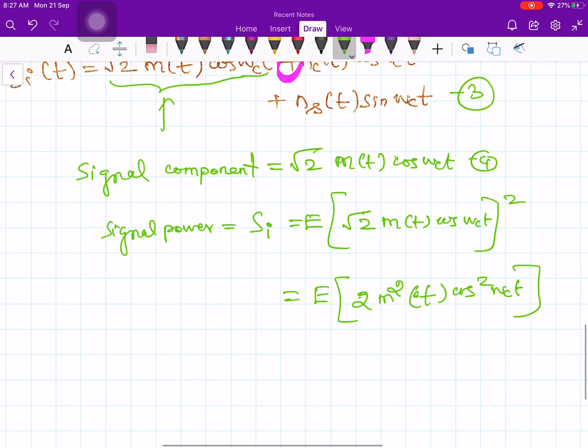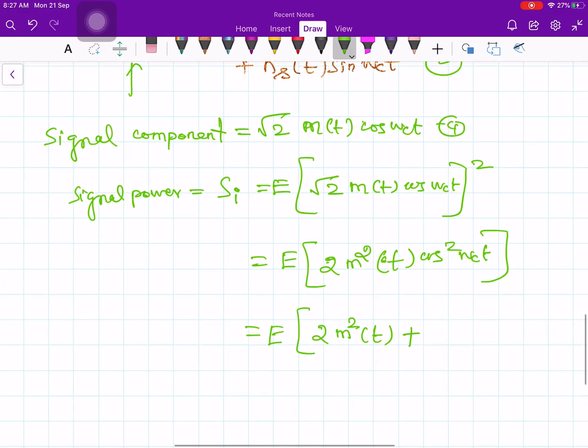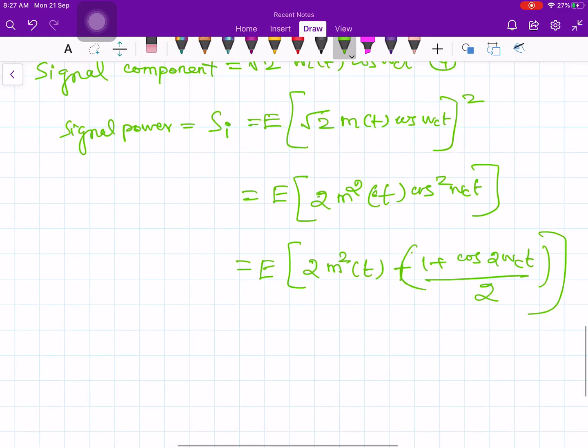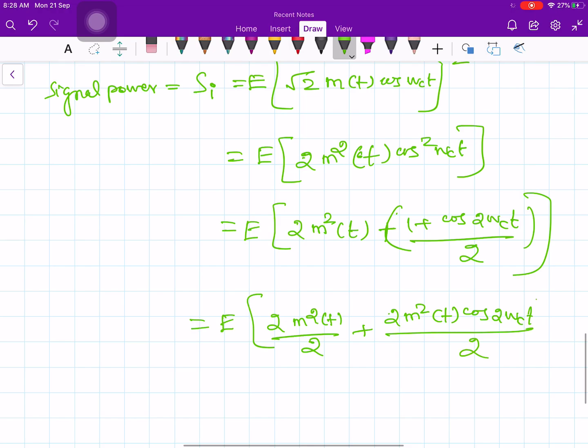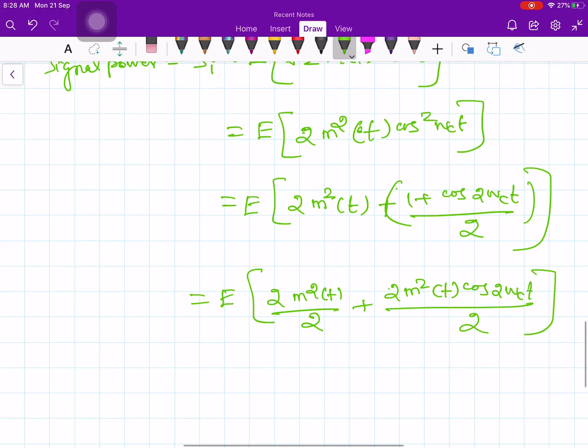So this is 2 times m square of t multiplied by 1 plus cos of 2 omega ct by 2. Expand this, plus 2 times m square of t cos 2 omega ct, whole divided by 2. This 2 and that 2 will get cancelled.